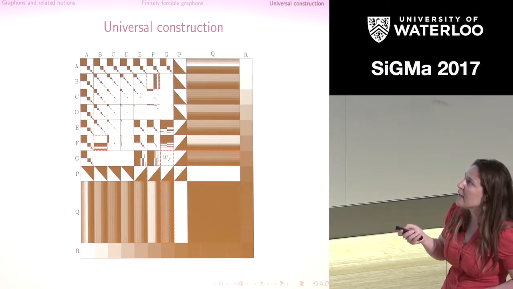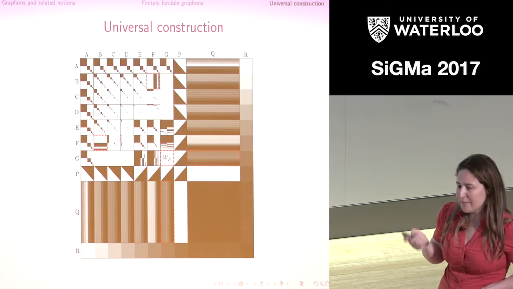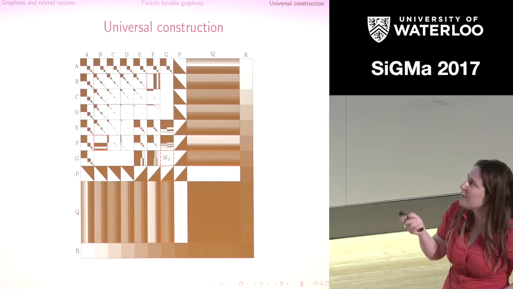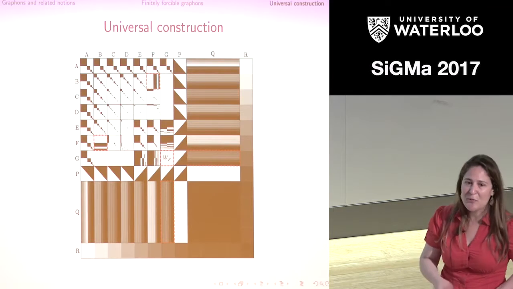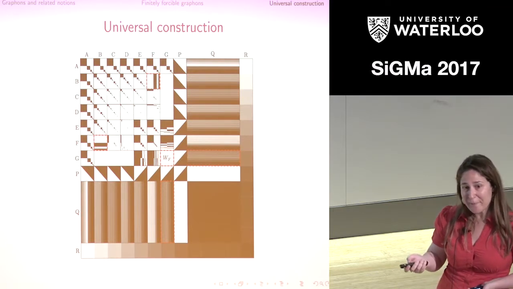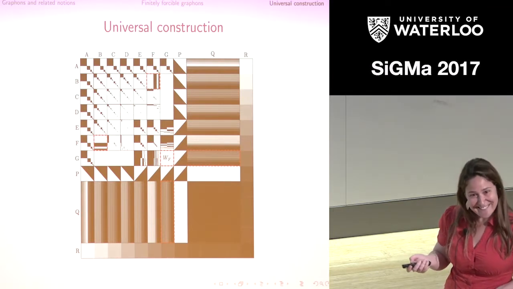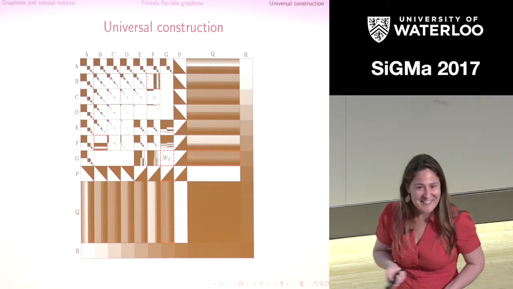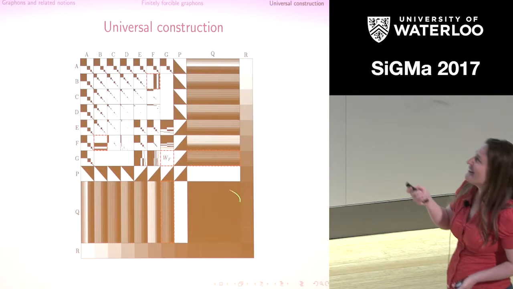This result is nice because it was also used to prove something that you will see in the next talk, which is nicer. I don't want to tell you about this because you will see it.